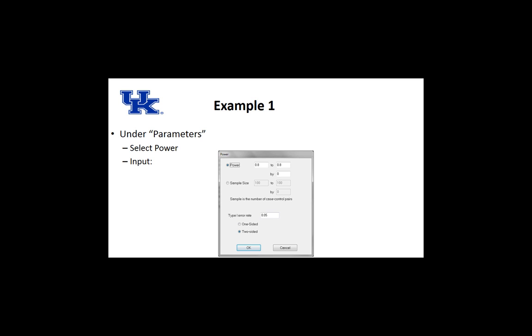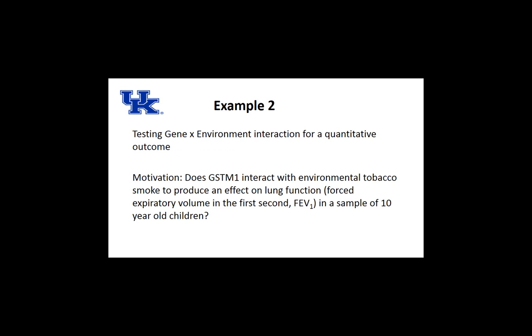I can putz around with the type 1 error rate. So if I really wanted to do a GWAS, what would I put in instead of my 0.05? Yeah, 5 times 10 to the negative 8, 0.05 divided by a million, right? So I could do the same kind of testing. And what would happen to the number of folks that we need? Yeah.